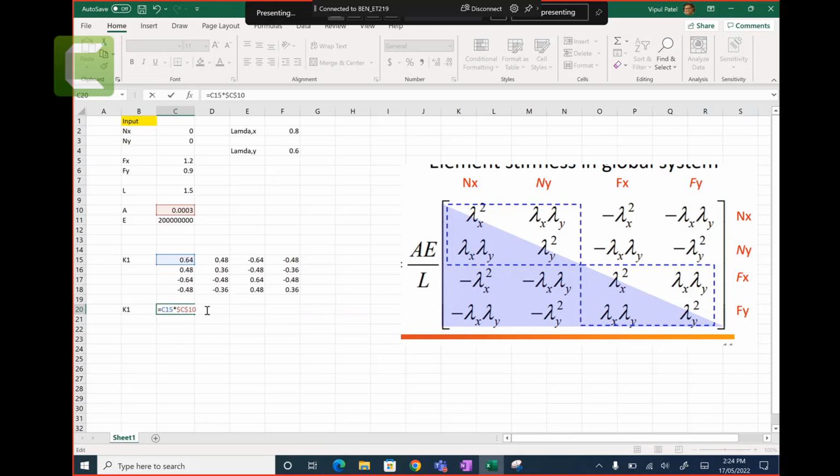Times E, lock it. Divided by length. Again lock. You require a bracket. Where?